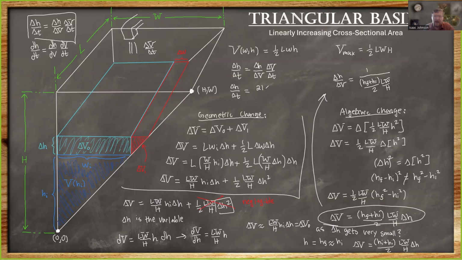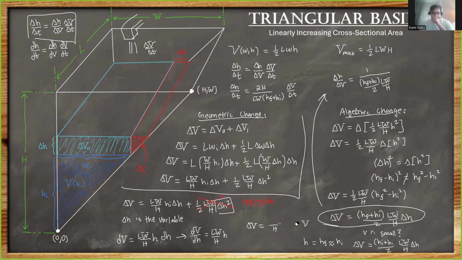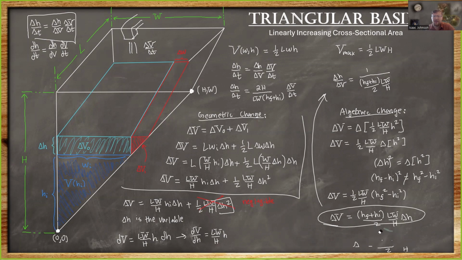So could I write this as 2 capital H over length times width times (H final plus H initial), and then times delta V over delta T. Okay, so now we need to figure out how we even get delta H over delta T. You'd make the H final a delta H. Yeah, we could do that substitution, but what about delta H over delta T? What can we do with this finite difference one to get that?